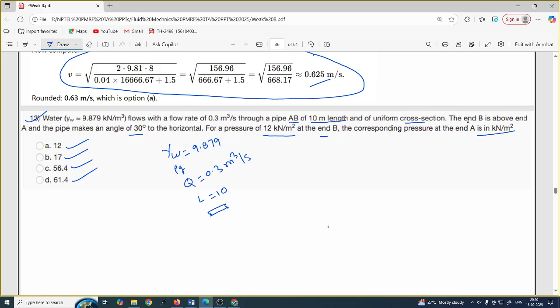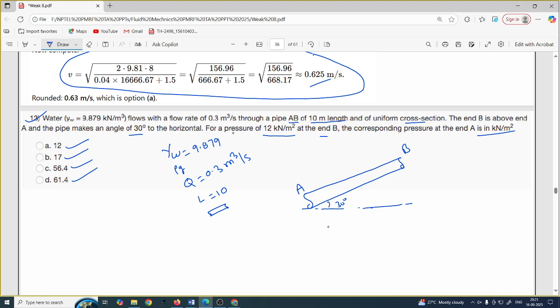The end B is above end A, like this, or you can draw this as end B which is above and end A. The pipe makes an angle of 30 degrees with the horizontal. So this is your horizontal and the angle is 30 degrees.